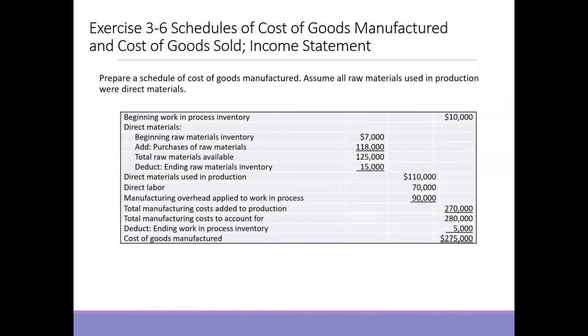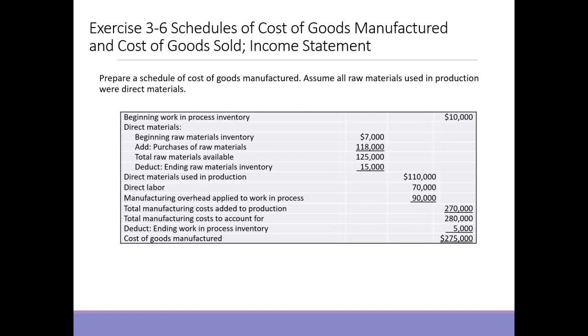So here you see, prepare a schedule of cost of goods manufactured. We start in this scenario with our beginning work in process. We add to that our direct material beginning balance plus what was purchased, totals what's available. Minus that ending inventory shows those raw materials were added to production.